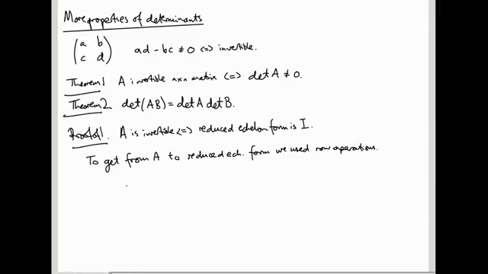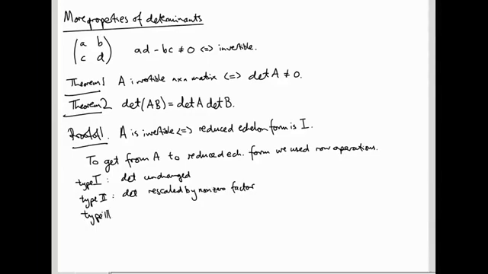and what we've seen is if we do type 1 row operations, the determinant is unchanged. If we do type 2 row operations, the determinant gets rescaled, but it gets rescaled by whatever we're using to do the type 2 row operation. You can't rescale by 0, so rescaled by a non-zero factor. And type 3 row operations, in other words swapping rows, det changes sign.